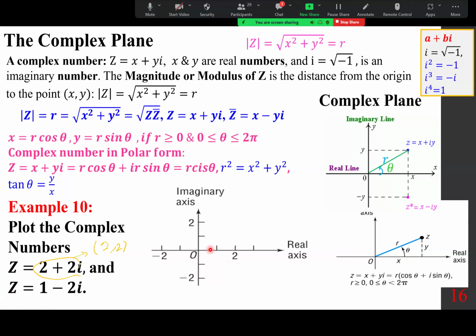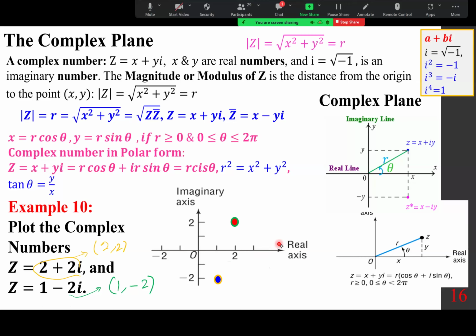That means 2 to the right, 2 to the top, and it goes somewhere there. So that would be the point. Whereas for this one, you would say 1 comma negative 2, and that means 1 to the right and 2 down, so somewhere here. That's all I want you to know, that when it comes to a complex number, how do I plot points? That's all you have to do.